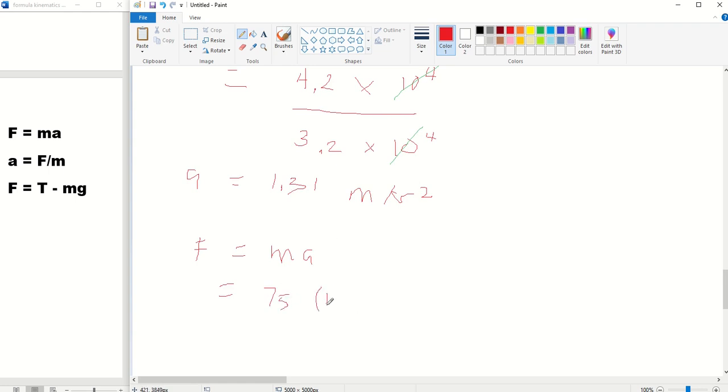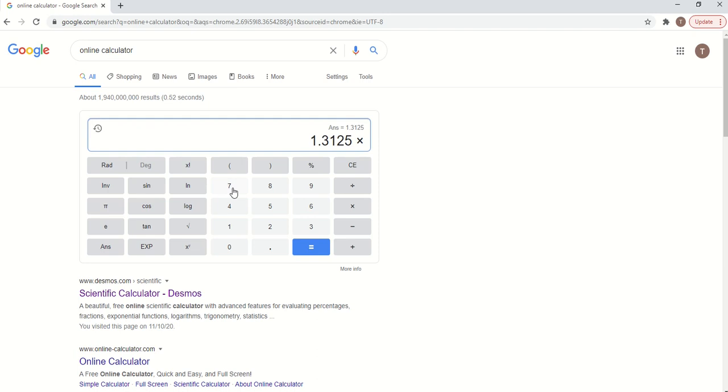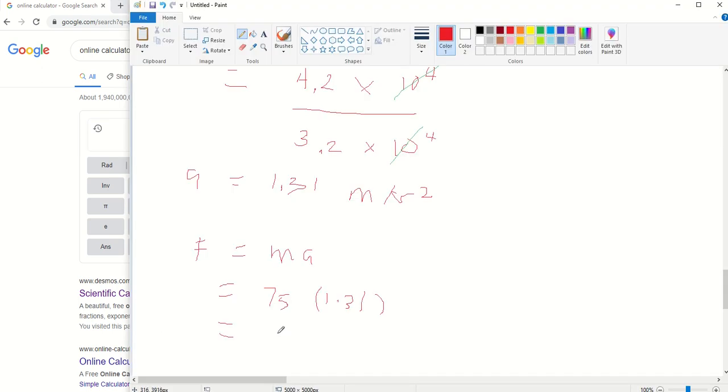So, 75 times 1.31. Kung ano yung makukuha natin sa calculator, yun na yung sagot. Umabot siya na 98.44 newtons. Yun yung force dun sa pilot.